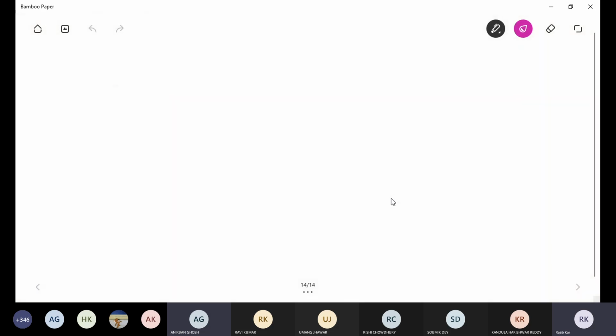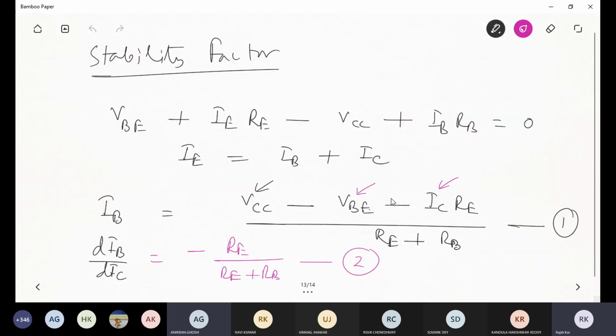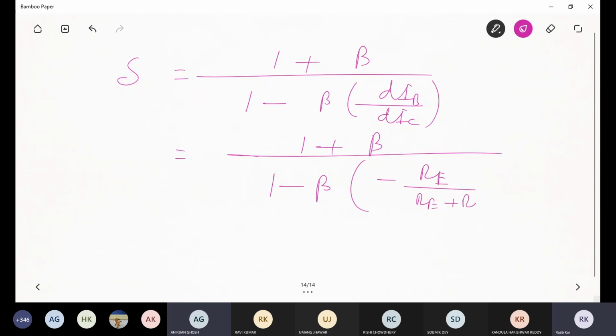And we have already derived the generic equation for stability factor, that is 1 plus beta divided by 1 minus beta dIB/dIC. And we have calculated for this circuit that dIB/dIC comes out to be minus RE divided by RE plus RB. So you substitute here, this will be 1 plus beta divided by 1 minus beta times minus RE divided by RE plus RB.